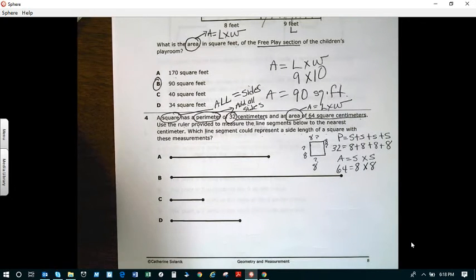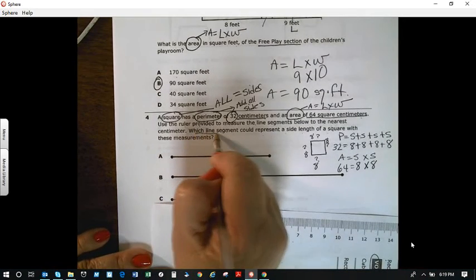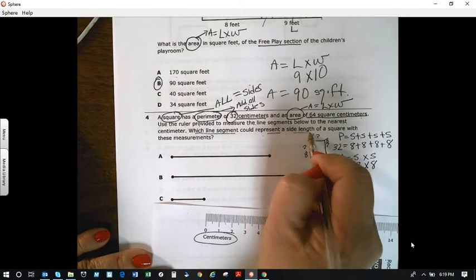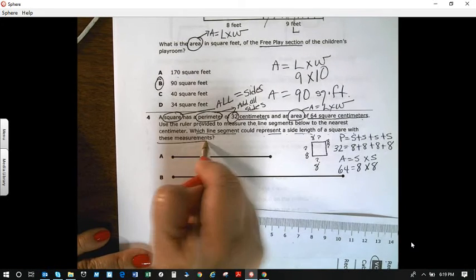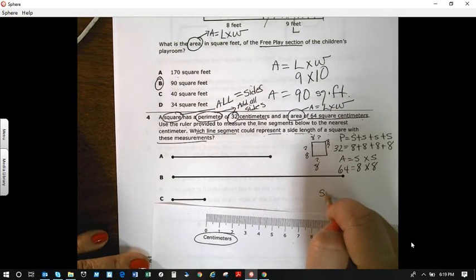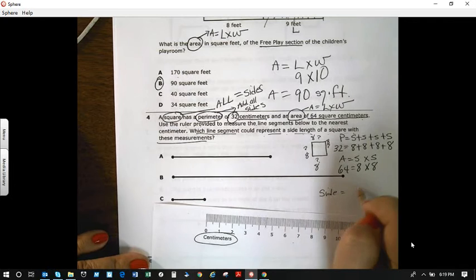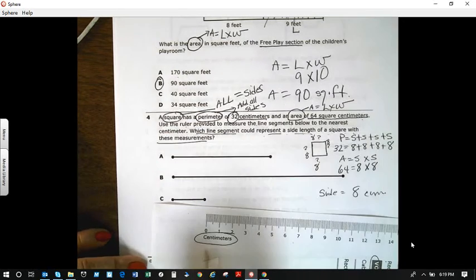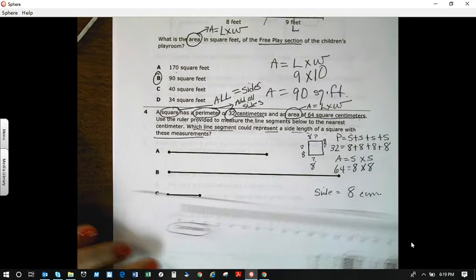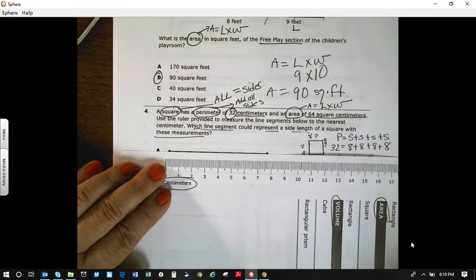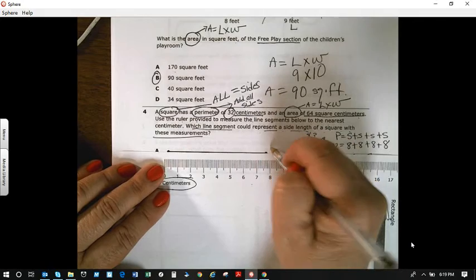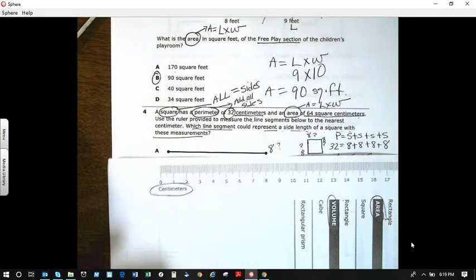Now I'm going to get my ruler, and it says, which line segment could represent a side of a square with these measurements? So my side is equal to 8 centimeters. Okay, so I need to look for my centimeters part, and I'm going to line this up, and there we go. This is 8, so there you go, strong possibility.